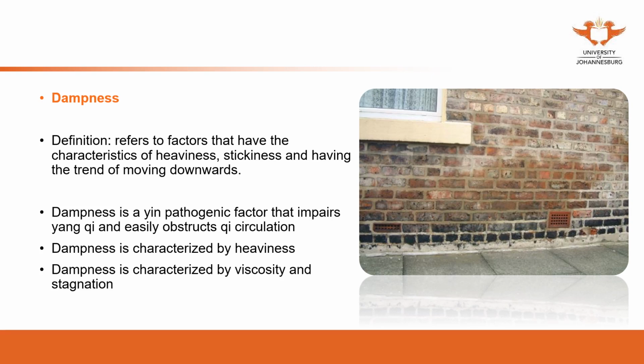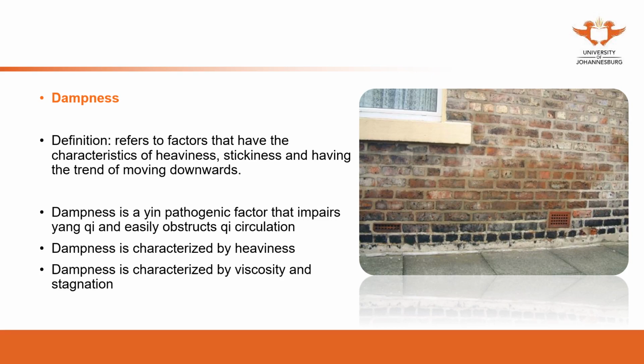So compared with wind and the yang pathogen, which we haven't mentioned yet but will mention later in the fire, see here why we mention the lower parts of the body. That is because the dampness has the trend of moving downwards. That's why most of the symptoms happen in the lower part of the body.